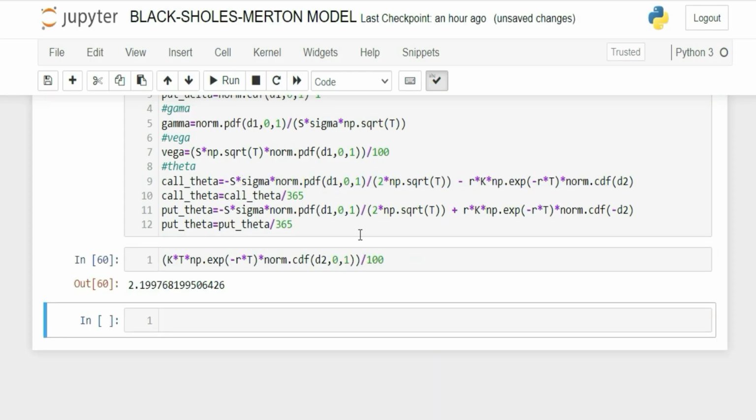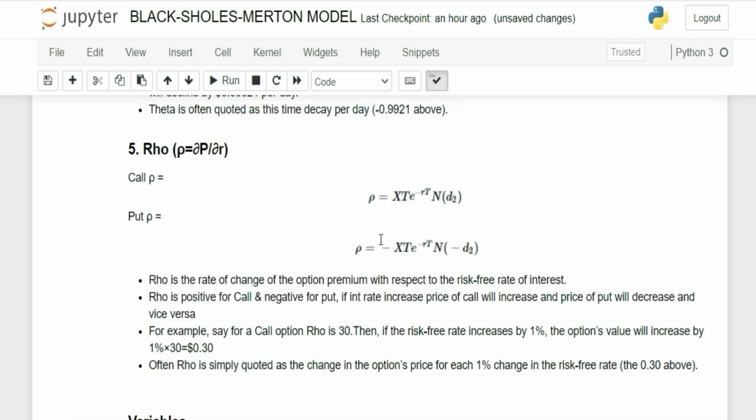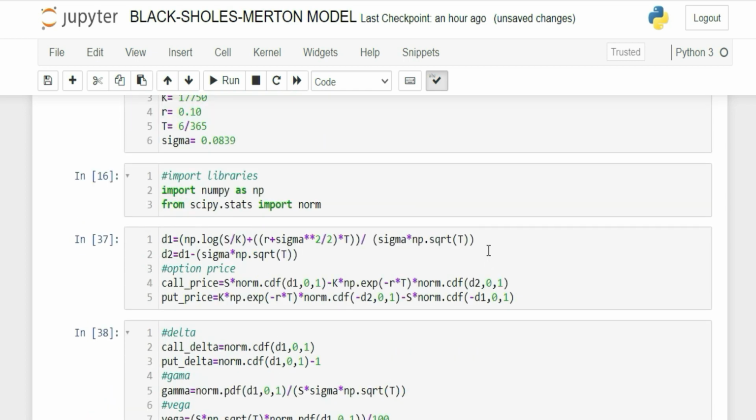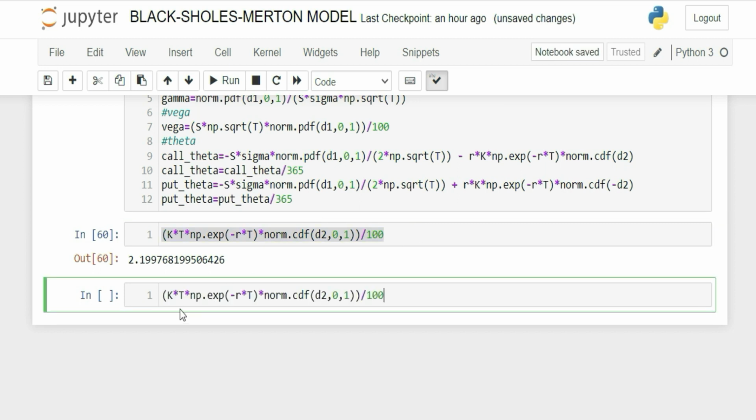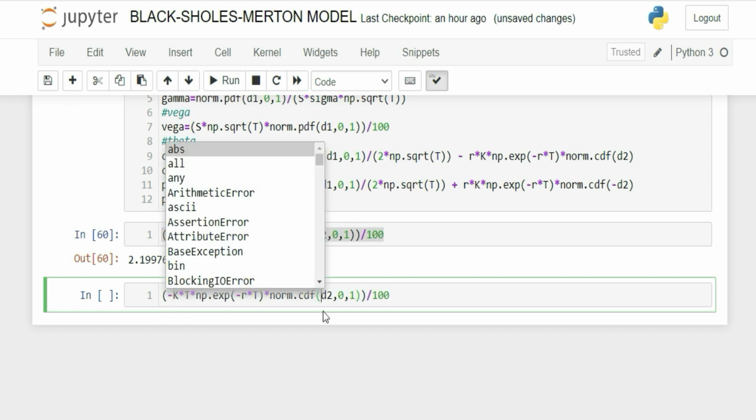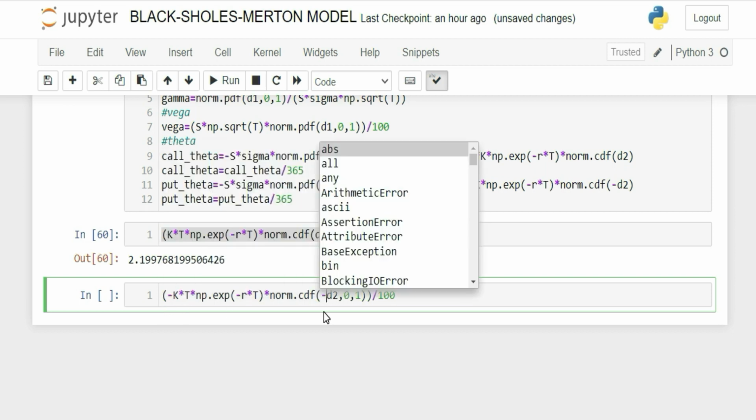Similarly, we can see the put rho as well. So the put rho is minus and minus d2. Simply we can say here put rho is minus and minus d2.